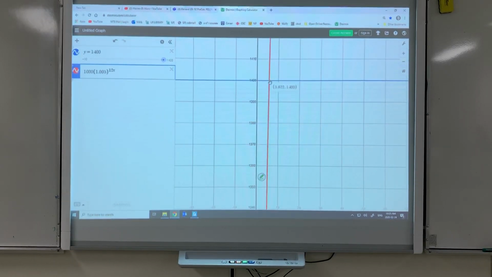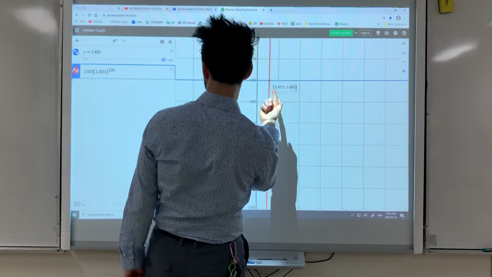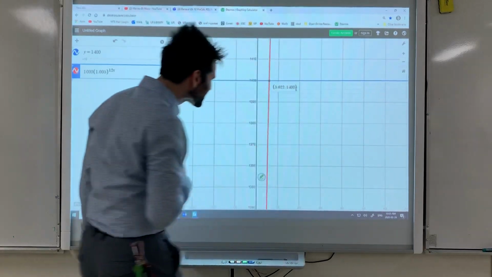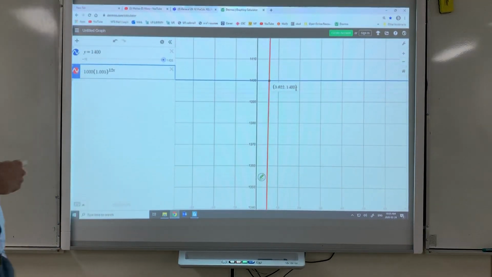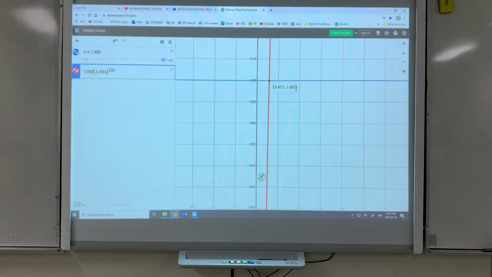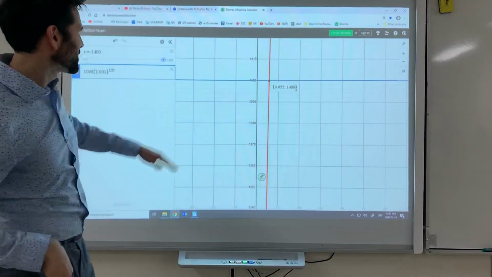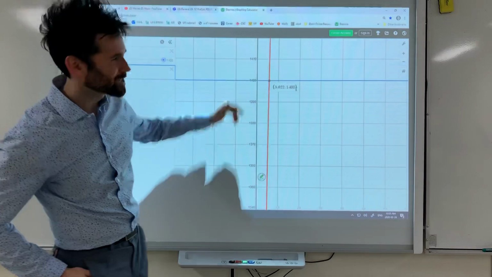The red line is my exponential function, and boom! It'll take... Is that a 5? It's 3.622 years. So that's the time. I'm going to check out my computer. No, it's 5. It's hard to see on the projector, but yeah, 5.622 years. So that's when we'll reach $1,400.